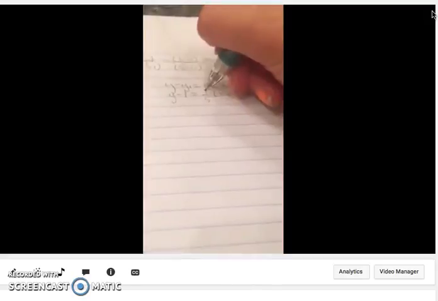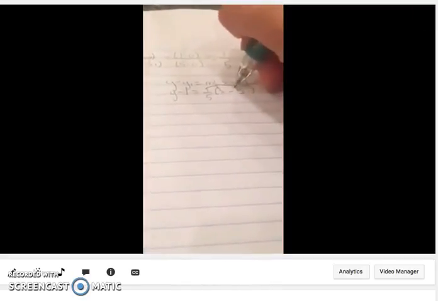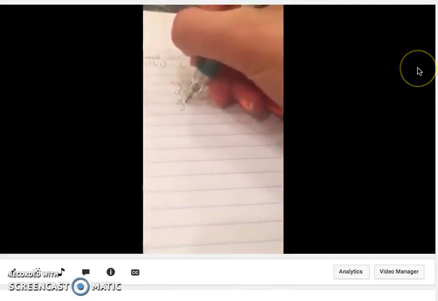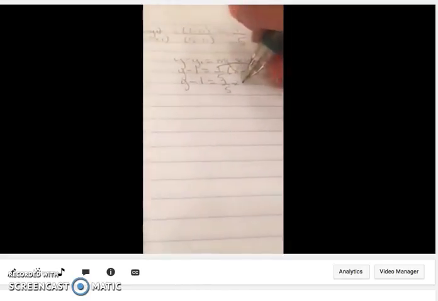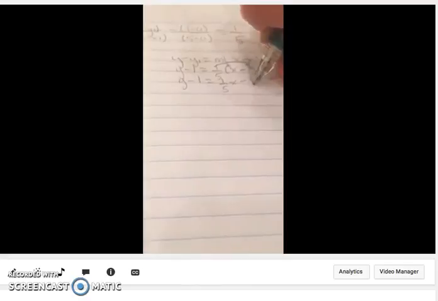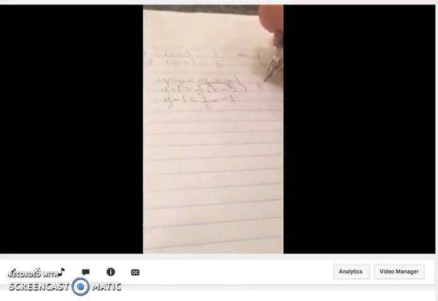The first step is to distribute the 1/5 to both numbers. So y minus 1 equals 1/5 x minus 1, because 1/5 times negative 5 over 1 is equal to negative 5 over 5, which equals negative 1.